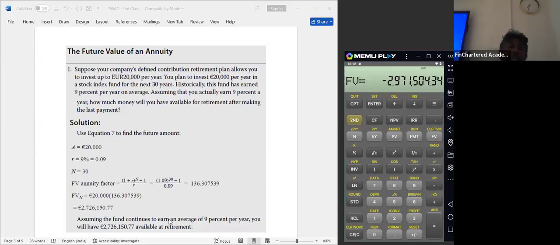Compute FV will give me a higher amount: 2,726,150 if it is end of period and 2,971,504 if it is beginning of period. See if you are able to get this one also, Deepak.